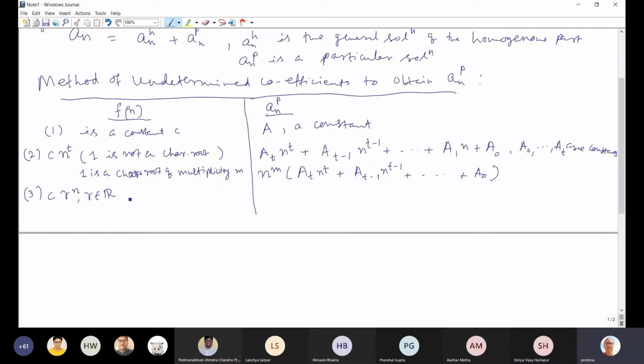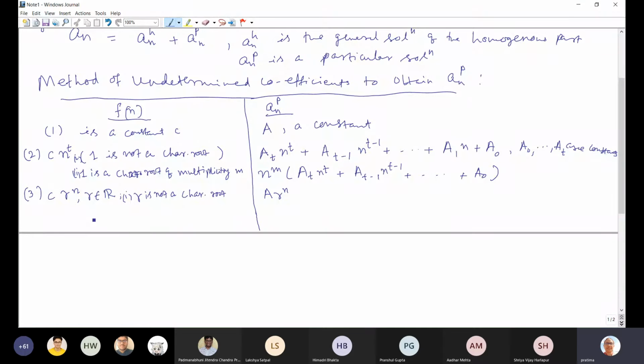So here also we'll have two cases: a first sub case and a second sub case. In the first sub case, r is not a root of the characteristic equation, not a characteristic root. In that case, we substitute A r to the power n.